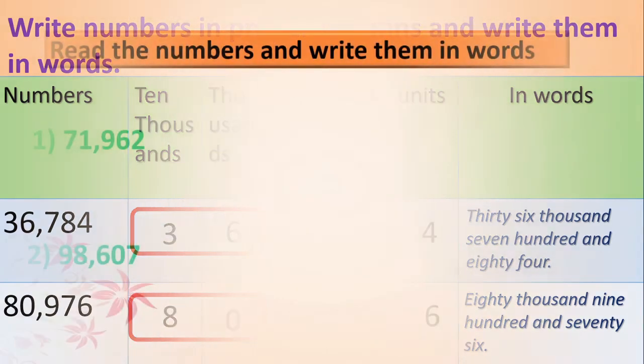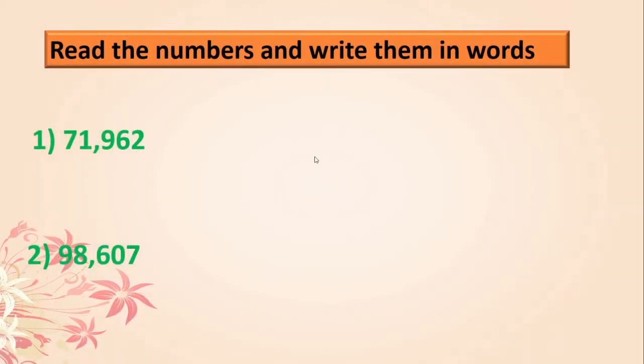We will move further. Read the numbers and write them in words. We have to read the number first, then we have to write the same thing in words. Now dear children, after a 3-digit comma is there, means 71 is in one group. Correct?